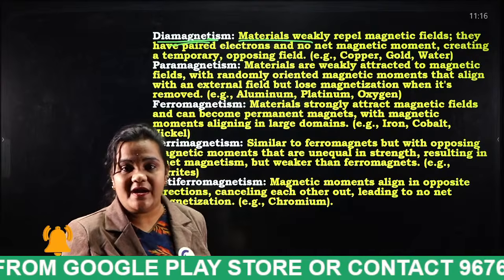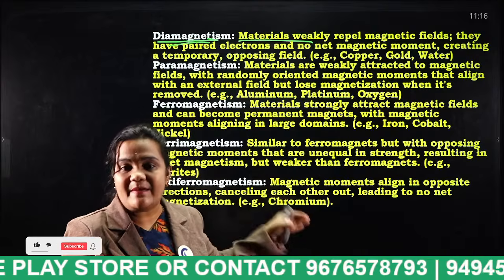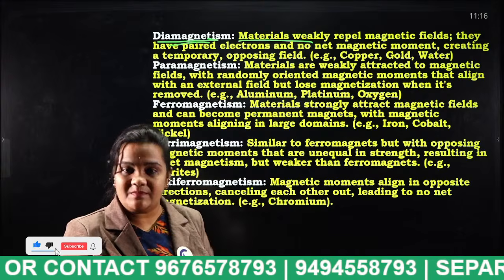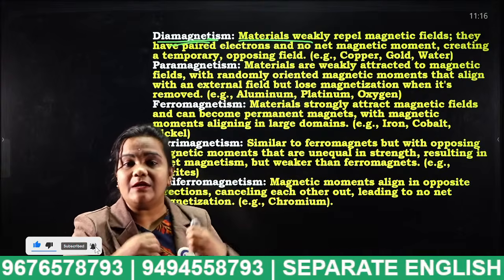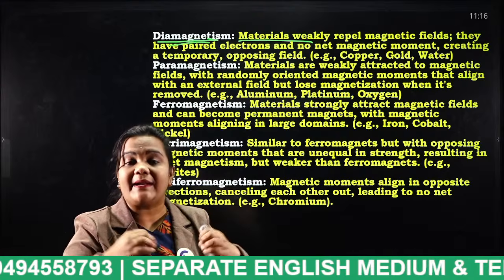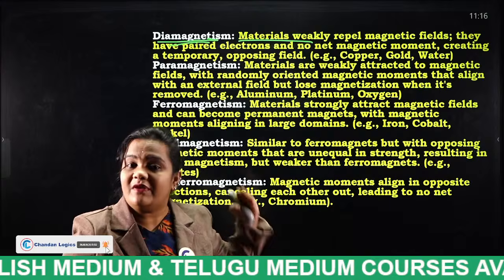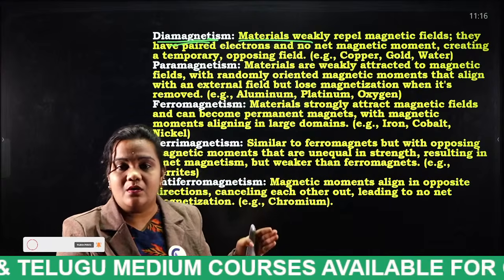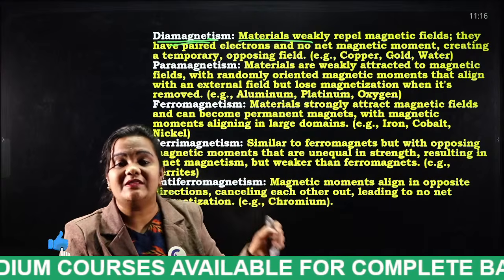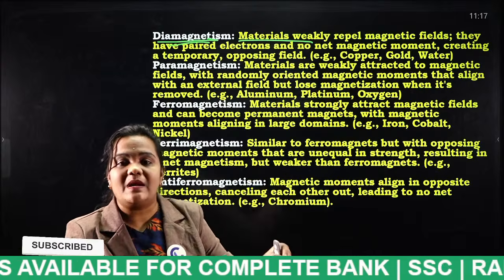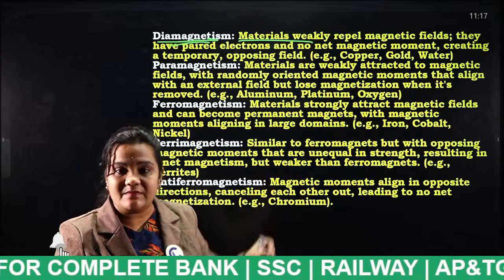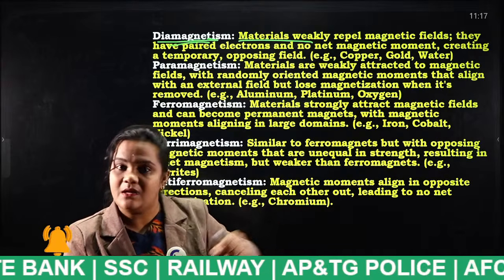In a similar way, what is happening in diamagnetism? There is no magnetic moment in the material, so there is no attraction between the magnets. For that reason, we say diamagnetism has very weak magnetic power.